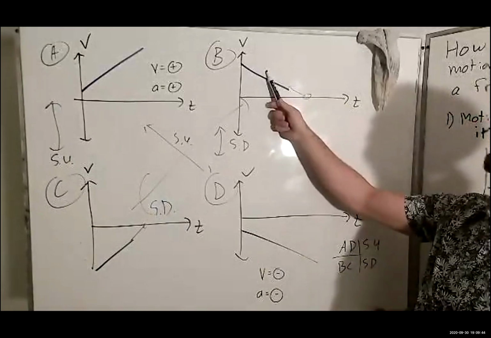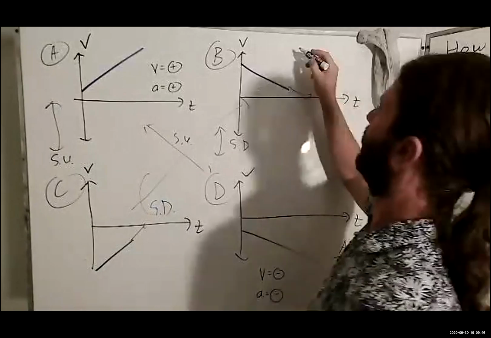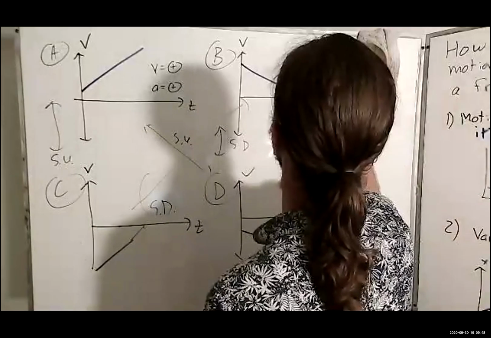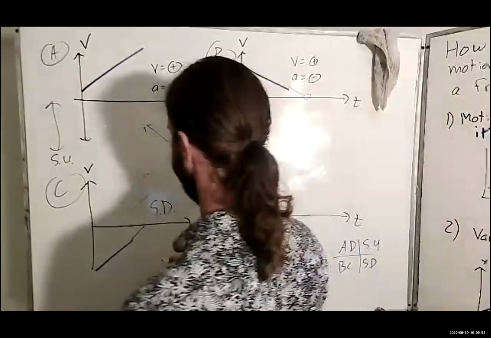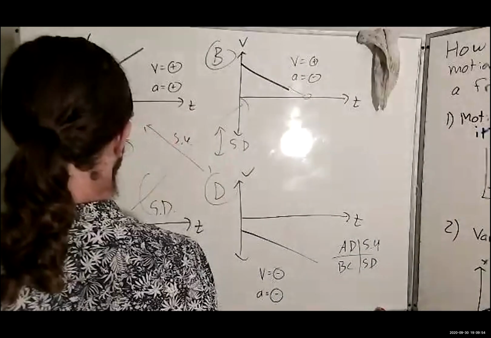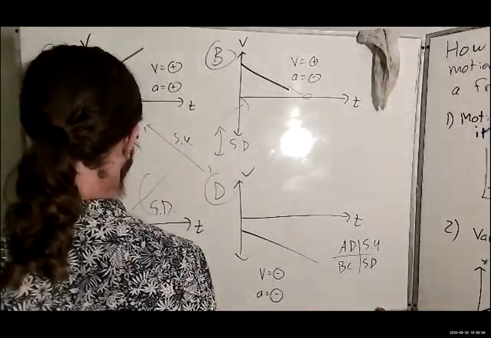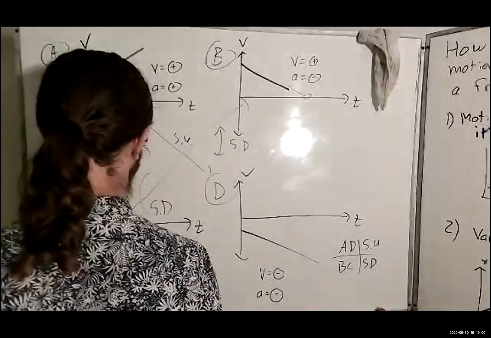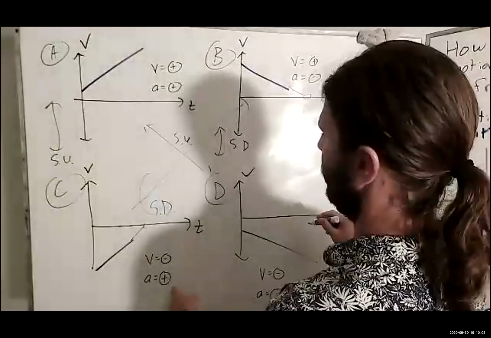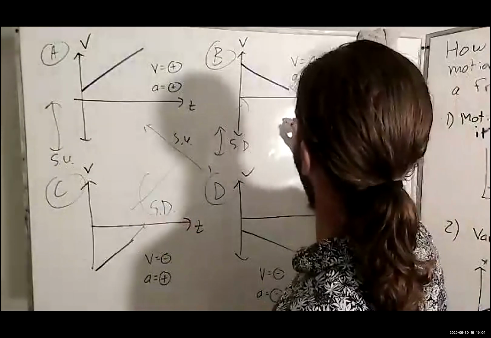Mixed sign, positive velocity, negative acceleration: slowing down. And then the last possibility, what is this? Velocity is negative, acceleration is positive. Also slowing down. I'll write this down so you can copy it down.